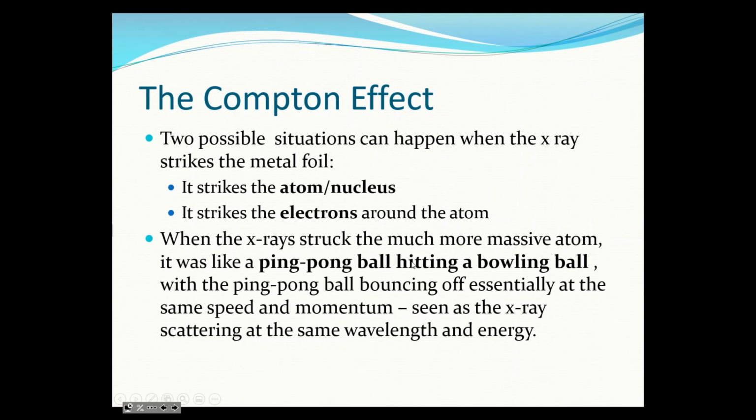The atom is a bowling ball, and the X-ray photon is a ping pong ball. Well, it's not going to do anything to the bowling ball, with the ping pong ball bouncing off with essentially the same speed and same momentum, and this is seen as X-ray scattering with the same wavelength and energy. So we shoot the X-ray at the much, much more massive atom, and it just bounces off and maintains the same speed, doesn't really change at all.